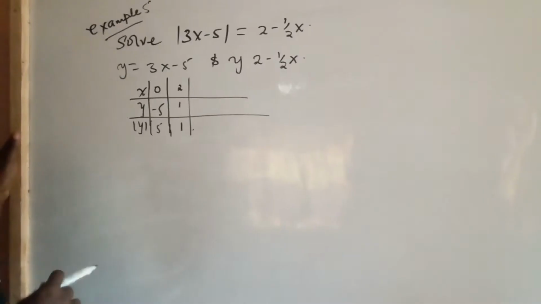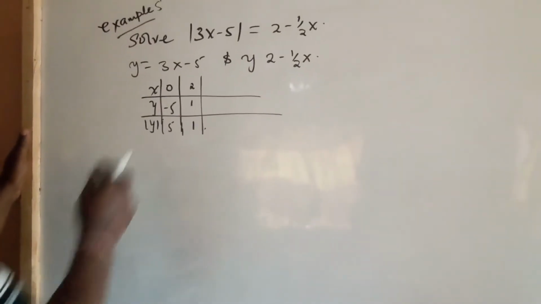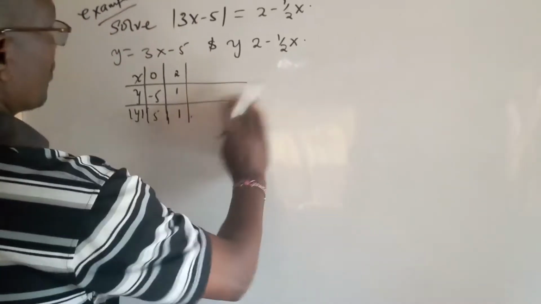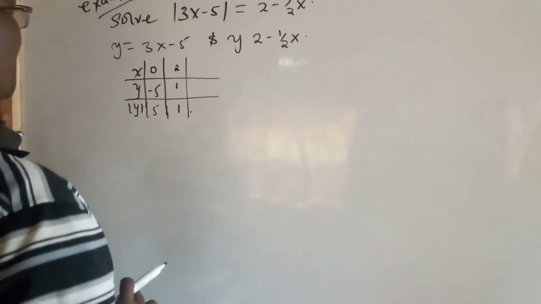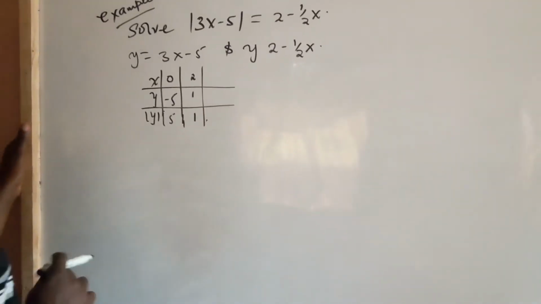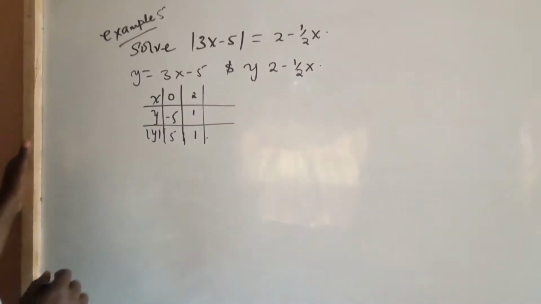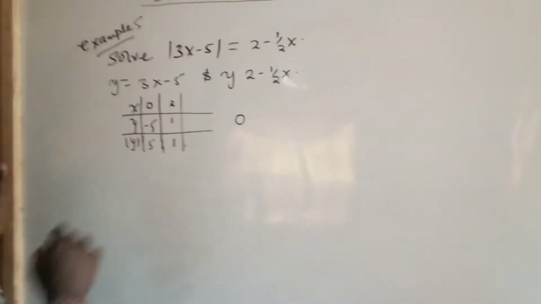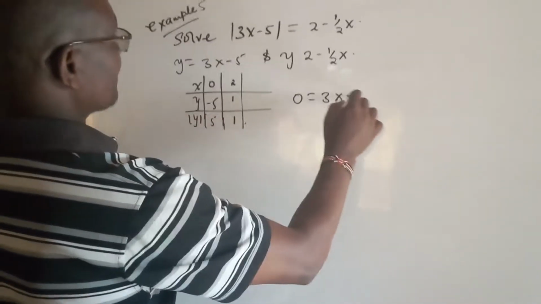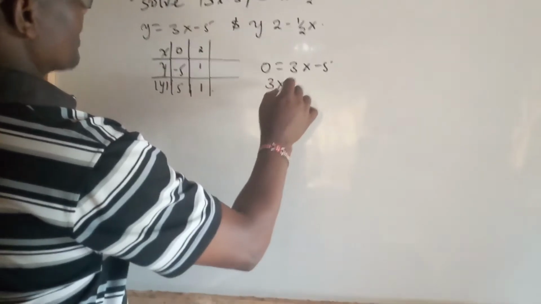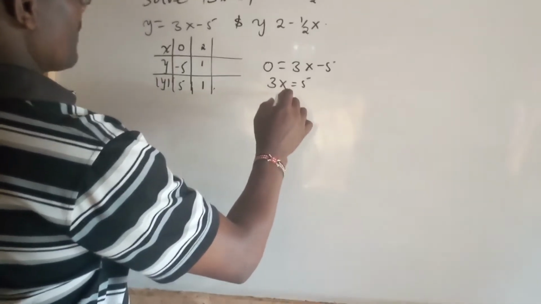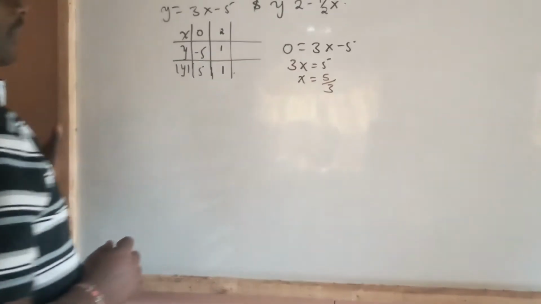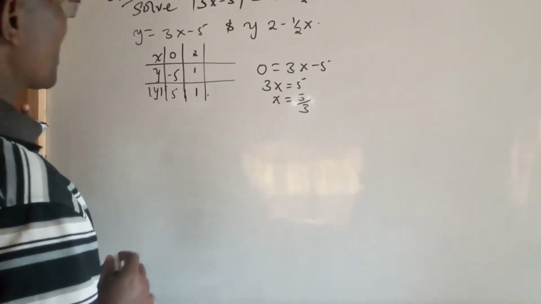But the point where the graph crosses the x-axis is very critical, because that is where we have the vertex, where the graph is reflected. When y is 0, we have 3x - 5 = 0, so 3x = 5, and therefore x = 5/3, or 1 2/3.